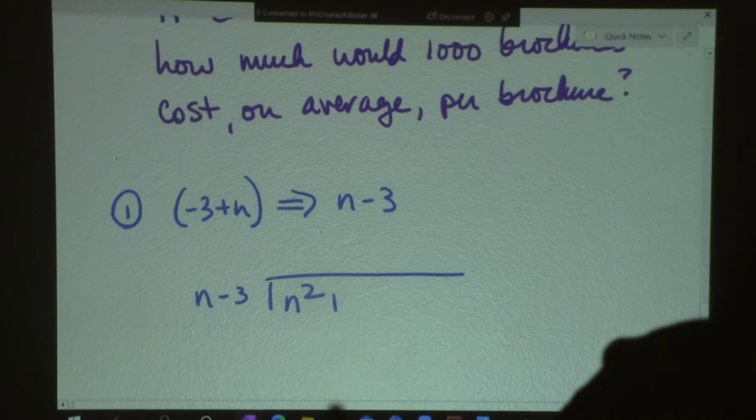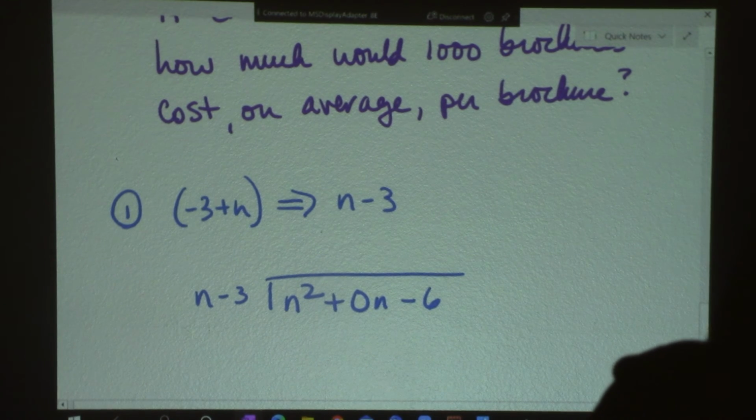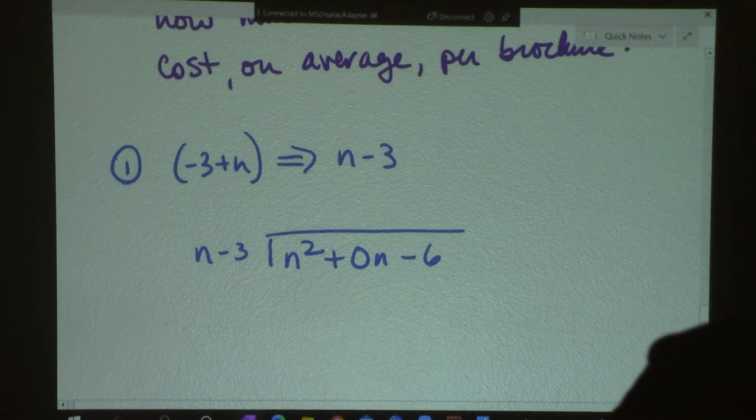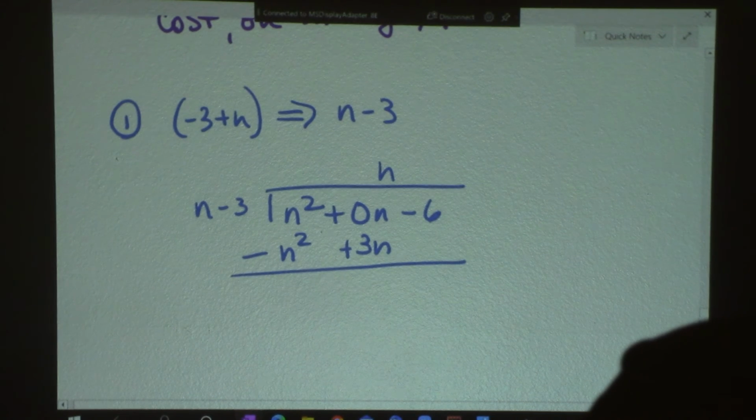Now I want to put a 0n term in to hold the place of that term. And when I actually work it out, we'll see that that's very useful. So how many times does n go into n squared? N times. So n times -3 is -3n, and n squared. Change the signs. Always change the signs. Don't forget, multiply and then change the signs.